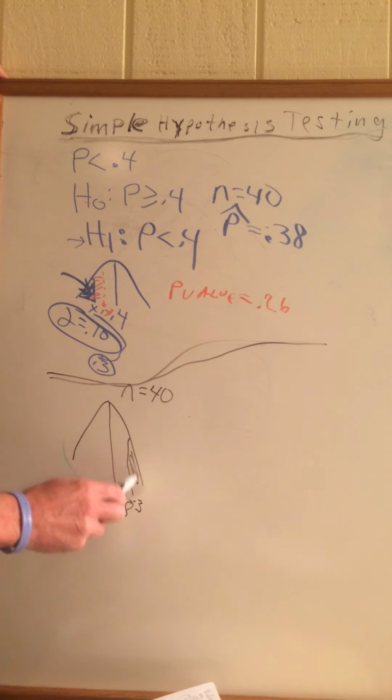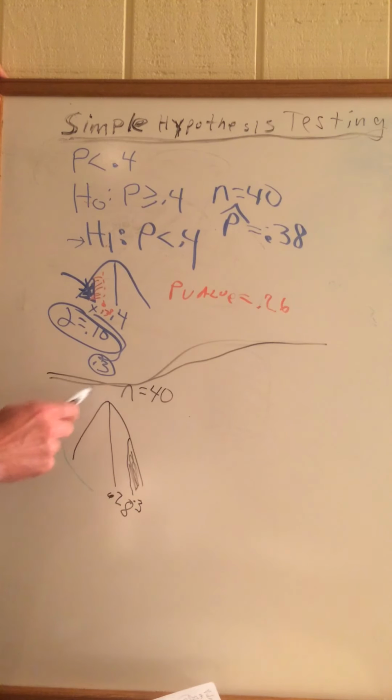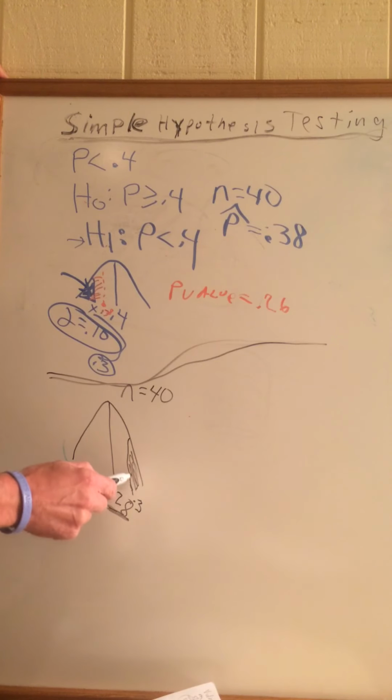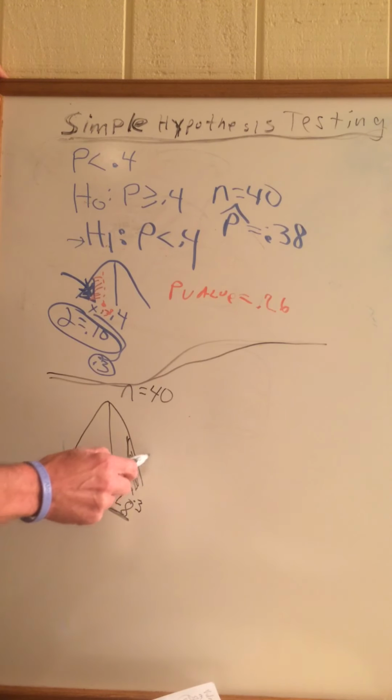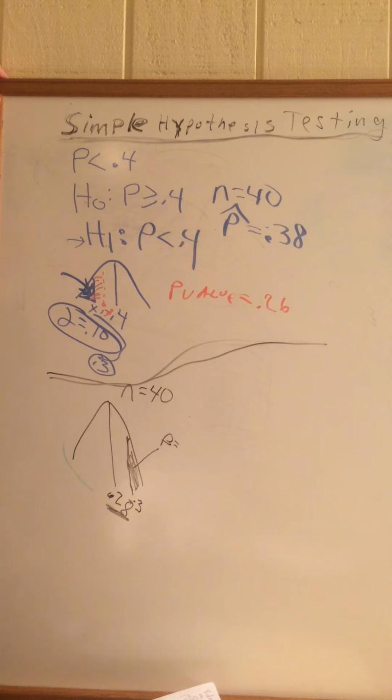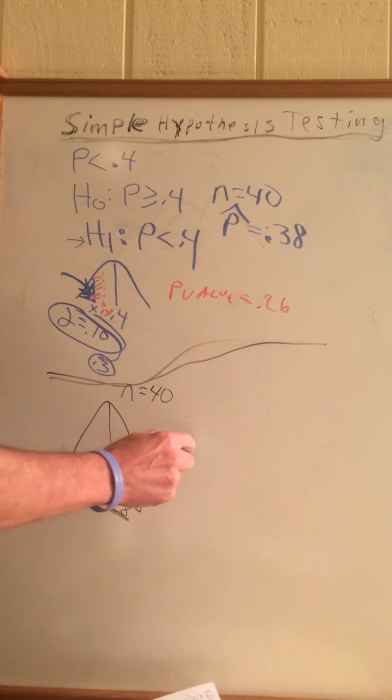So this area here would be when we accept this case. So now we're going to accept 0.28, and this happens to be called type 2 error, or beta. In this case it's 0.39.